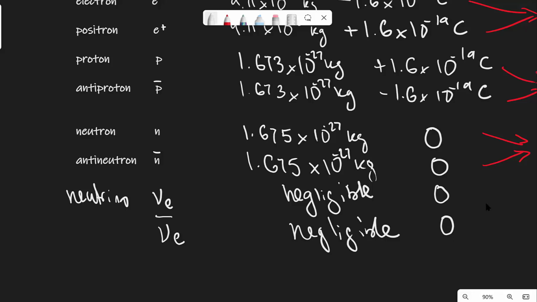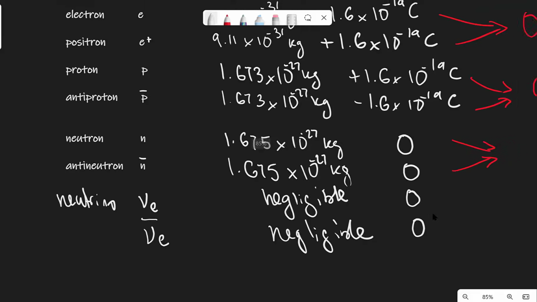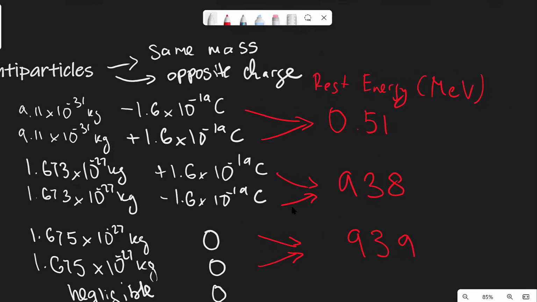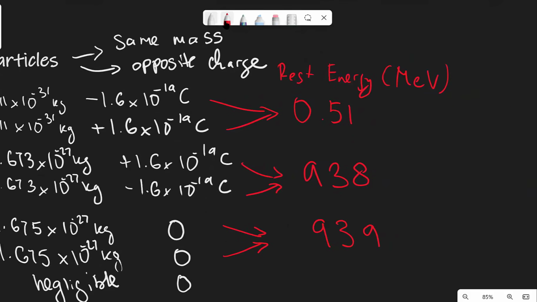Now let's have a look at another property which is very useful for particle physicists, and that is rest energy, that is typically measured in mega electron volts. If you're wondering where on earth does this unit actually come from, the mega electron volt, we're going to do this later in the course, but basically electrical energy is equal to the amount of charge multiplied by the voltage.